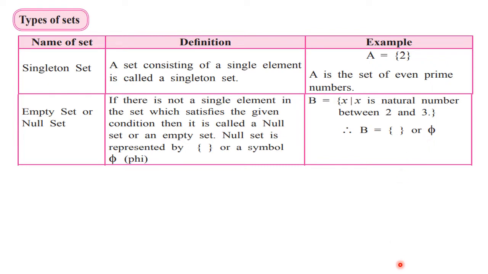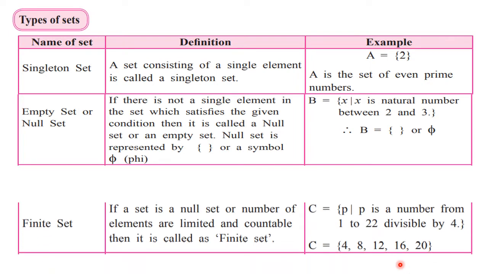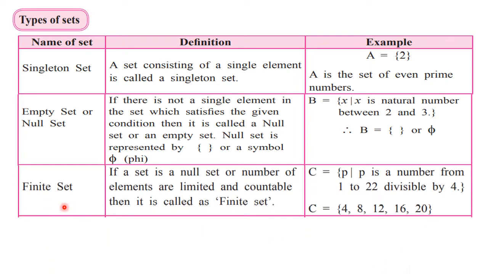Then next type of set is finite set. Finite means countable. So finite set is the set in which the elements are countable or elements are limited. If we start counting, then we are going to get the last element. The counting is going to terminate somewhere. So such set is called as what? Finite set.